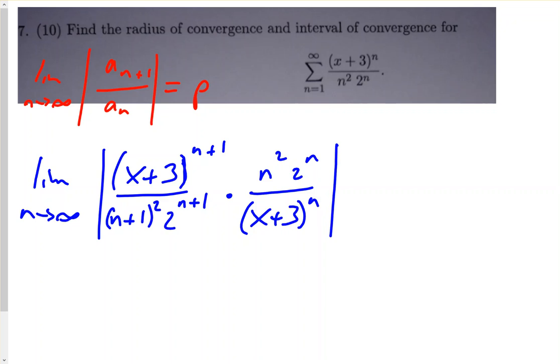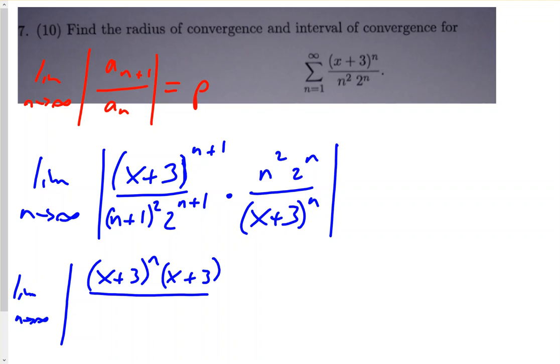So keep in mind the x plus 3 to the n plus 1 power means that we have x plus 3 times x plus 3 to the n over n plus 1 squared.